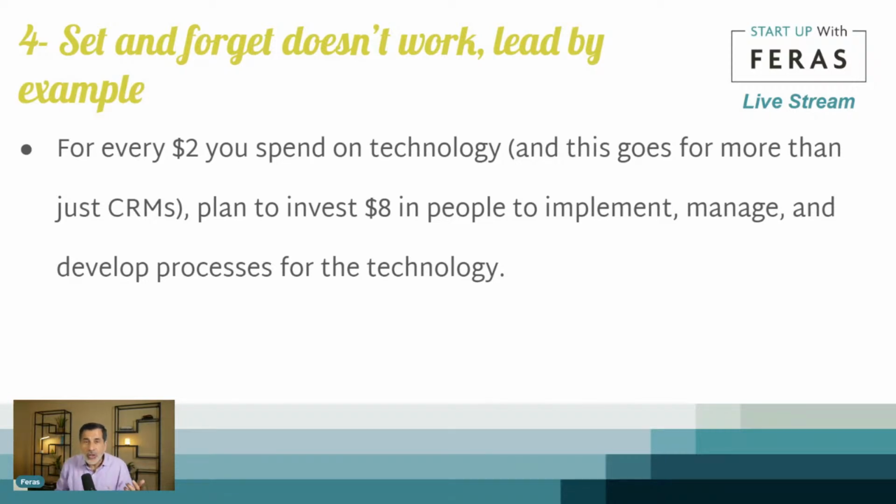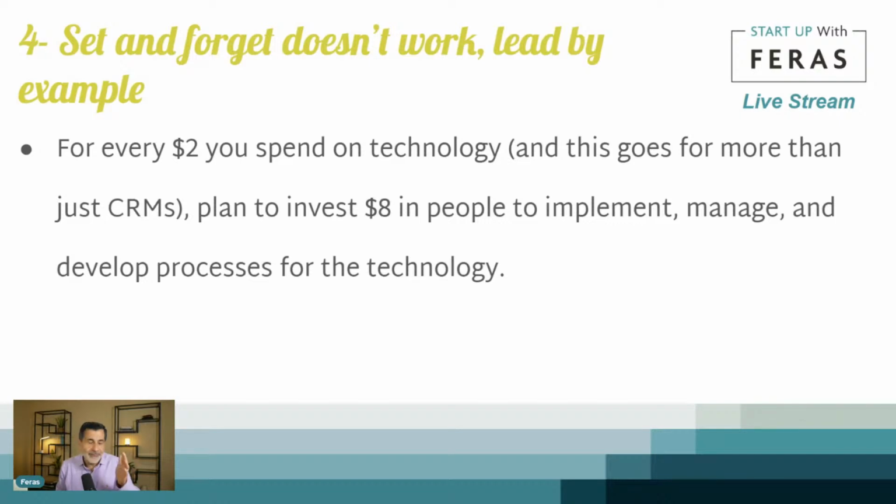So for every $2 you spend on a technology, that's the 20%, spend $8 on training people and allowing people the time to use, manage, and develop processes for that technology.